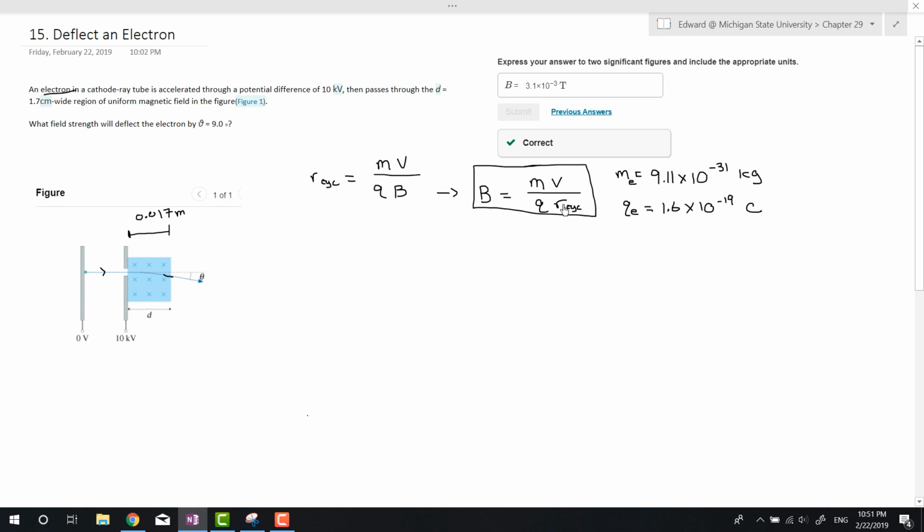I want to start with the cyclotron with this picture right here. You might be wondering, what's the cyclotron? If we're deflecting this electron down, we're putting a force on it, so it's going to start spinning off in a circular shape of some sort. If we want to find the radius of this cyclotron, this circle thing, this is the radius.